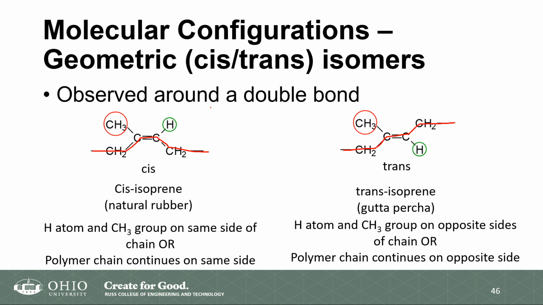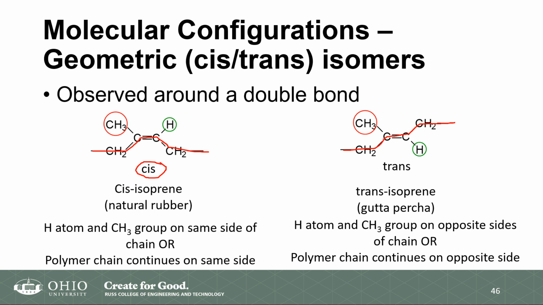So you can look at the cis isomer as one where the groups that hang off of the carbon-carbon backbone are on the same side of each other. So CH3 and H are on the same side, and that is where that term cis comes from. So this is a cis isomer because my groups that hang off are on the same side.